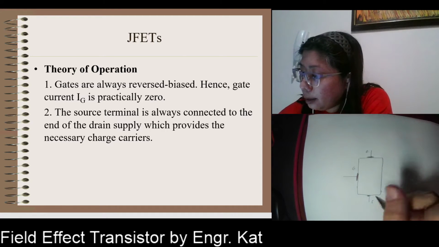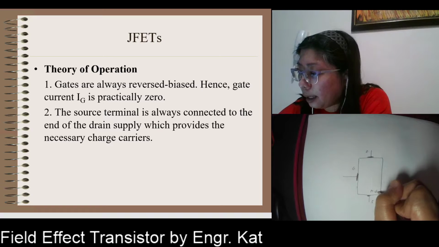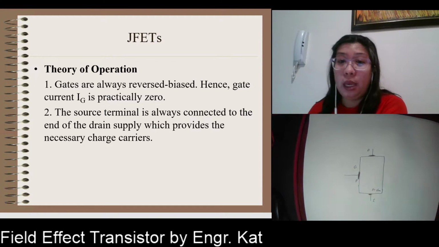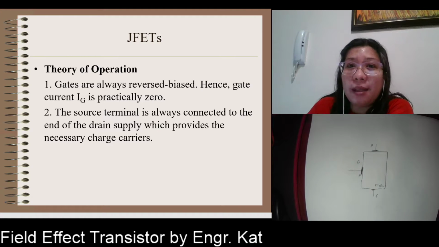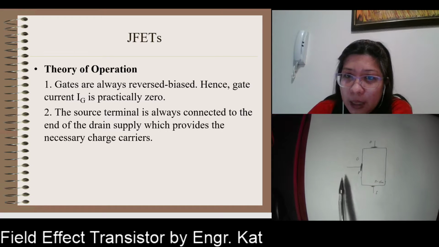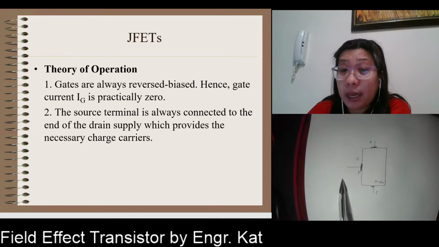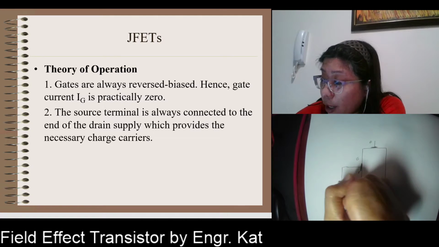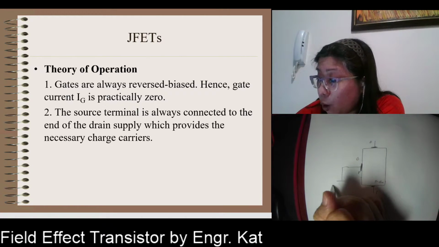Since this is an N channel, your gate is P-type. So how are we going to apply this theory of operation? Your gate must always be reverse biased. What do we mean by this? Since this is P-type, we are going to apply here the negative terminal.